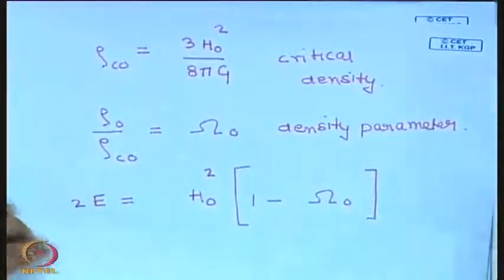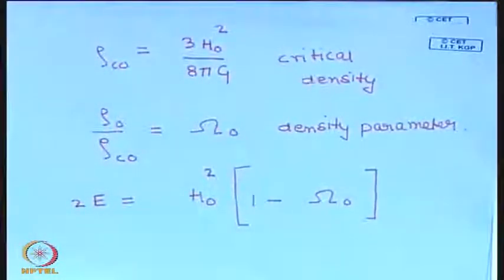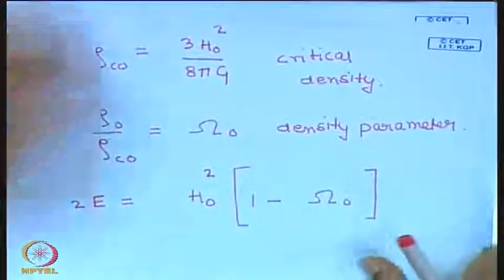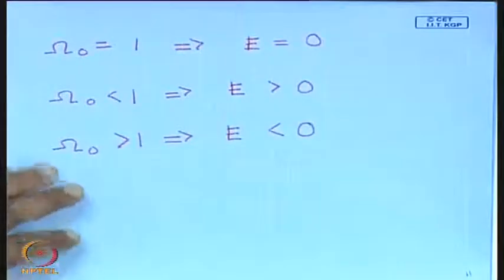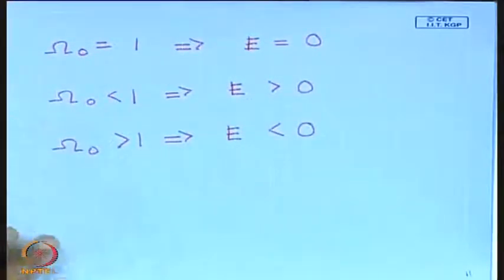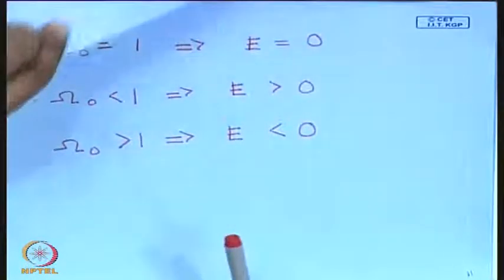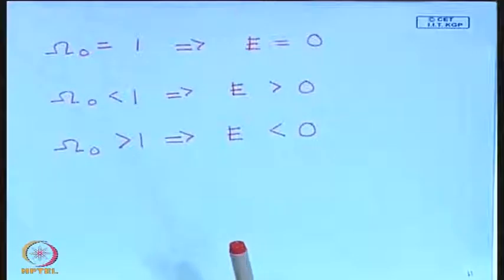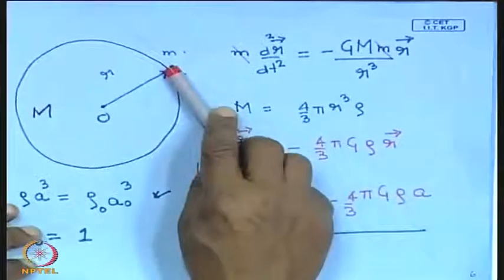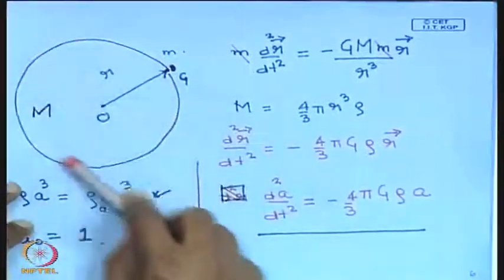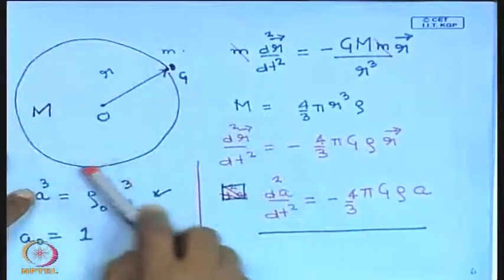So, all of this is summarized over here. If the density parameter is 1, the energy is 0. The density parameter being 1 essentially corresponds to a situation where the kinetic energy of this particle exactly balances the potential energy of the matter due to the mass inside.